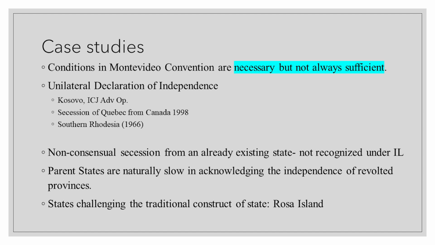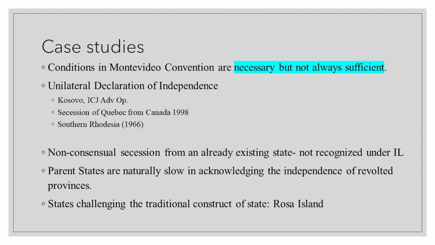And therefore, as I just mentioned, the states which are in a friendly relationship with the parent states would also be reluctant in recognizing the new territory, born out of a separatist or rebellious movement, as a new state. So even if that state fulfills the four conditions of the Montevideo Convention, other states may be reluctant in recognizing it as a state, depending upon friendly relationships or other political considerations with the parent state.